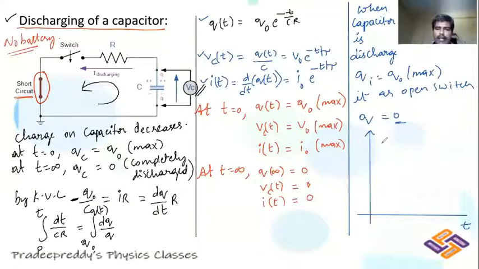Initially, all of them are maximum, right? So let us take Q of t here. With respect to time, initially at time t is equal to 0, charge is maximum. As time passes on, it decreases and finally tends to become 0. Clear? So this decreases, and it is an exponential decrease.